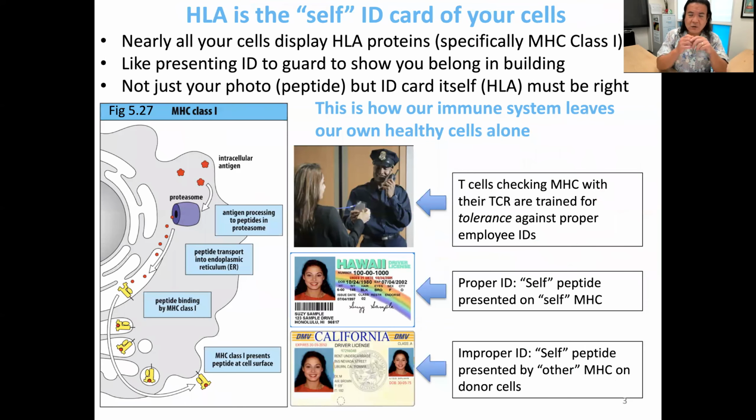Remember, when we studied the function of these HLA proteins previously in the semester, we said that these HLA proteins make these MHC platforms on the surfaces of our cells, and our cells use those platforms to display small, short peptides that come from proteins from within the cell.